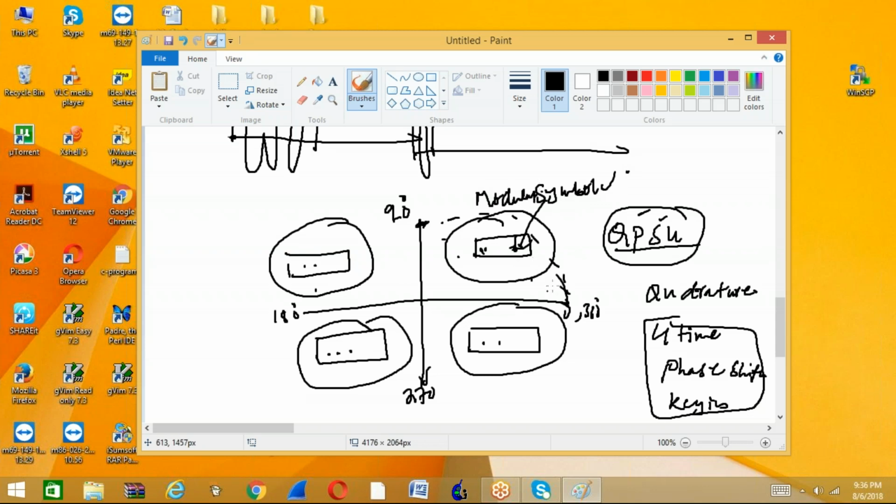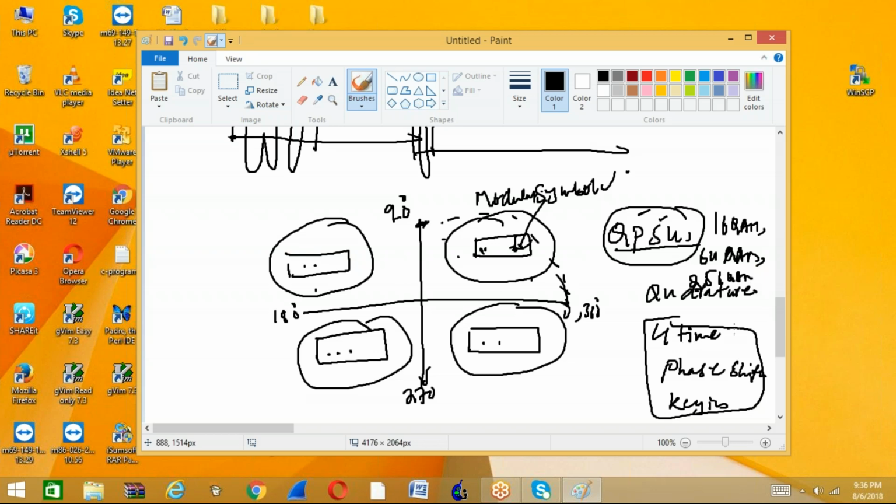So QPSK is 4 times phase shift keying. 16 QAM is also 4 times phase shift keying. 64 QAM is also 4 times phase shift keying, and 256 QAM is also 4 times phase shift keying. In all of them it is 4 times phase shift keying.